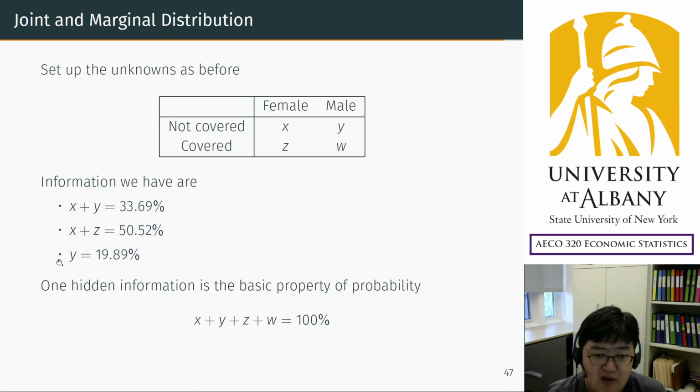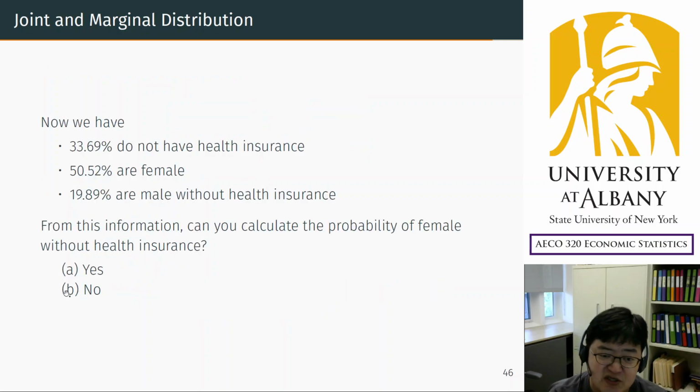The last one is the additional information: the probability of male without health insurance equals 19.89%. It's reasonable if you find that there are 3 equations for 4 unknowns. So if you answered no because of that, you did really well.